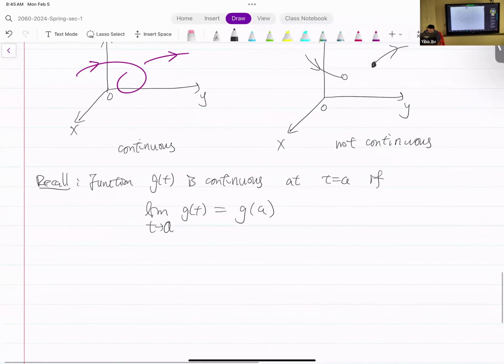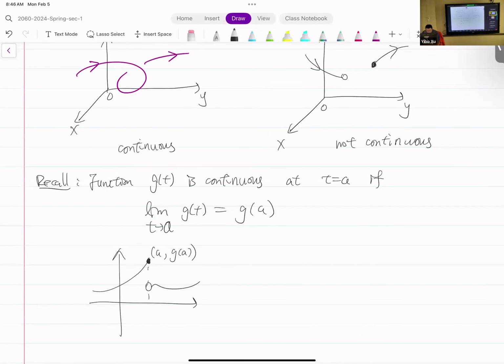So a few more pictures. Somehow you can recall that if your function is, let's say, going up like right here, and then all of a sudden the functional value just jumps to an open circle like right here, this is definitely not continuous. Okay. So if you think about this g of a, this is the solid dot.